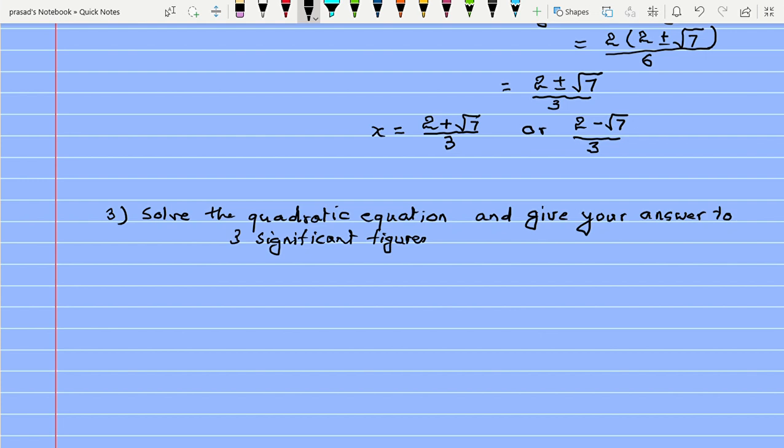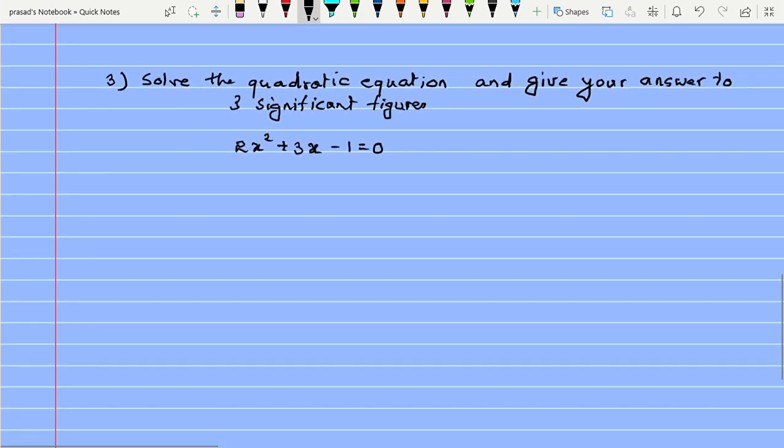So take this problem, 2x square plus 3x minus 1 equal to 0. Okay, so your first step, since the equation is in the standard form, write the values of a, b and c.